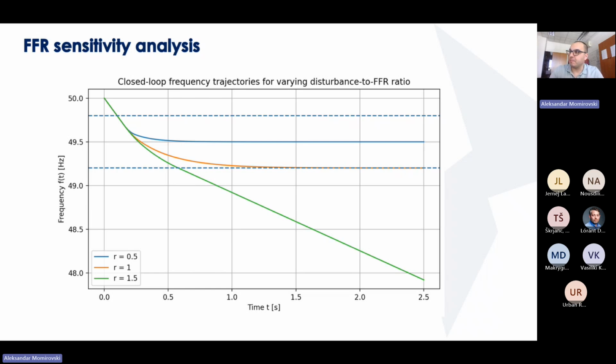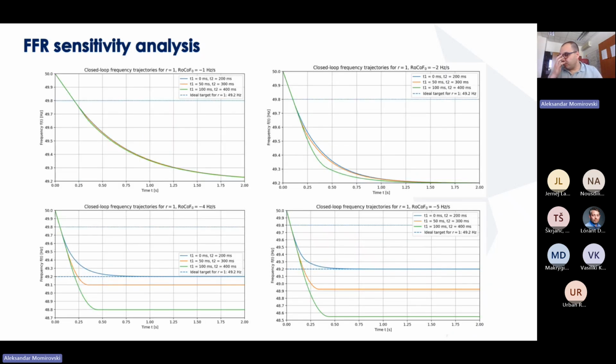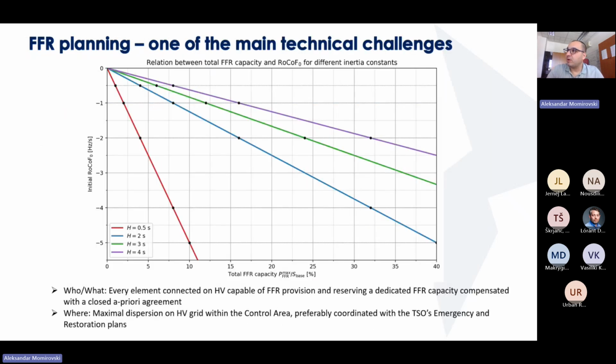So as we were testing different parameters, we were even facing the main technical challenge of the FFR, that is the FFR planning. So one of the crucial analyses we did was the relation between the total FFR capacity and the tolerable RoCoF in the area for different inertia constants.